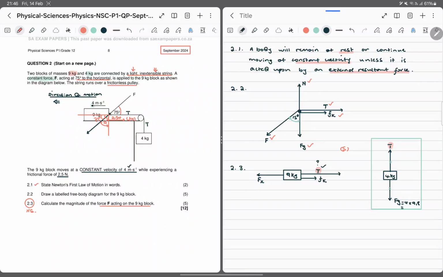So this is 4 times 9,8. This is 39,2. So if this is the case, in magnitude, 2 forces that exactly balance each other are equal. So that's 39,2 as well. Newtons. Don't know why I wrote kg here.